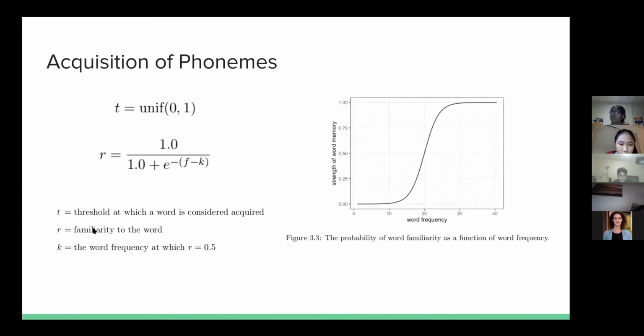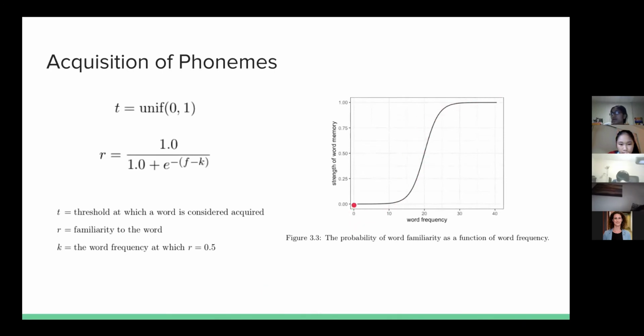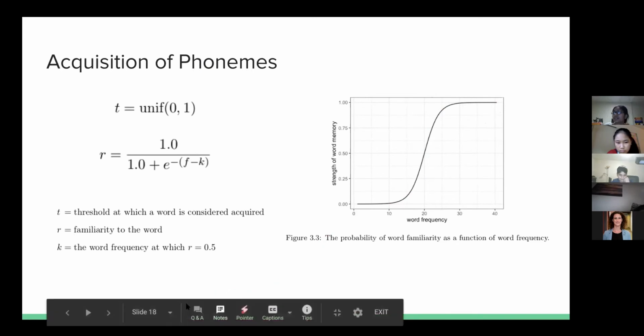This is the probability that the child has learned the word as a function of how many times the child has heard the word. At the beginning it takes a while for the child to get to know the word, and then the strength of the word memory gets higher, and maybe after they've heard the word 30 or 40 times, they basically know the word.